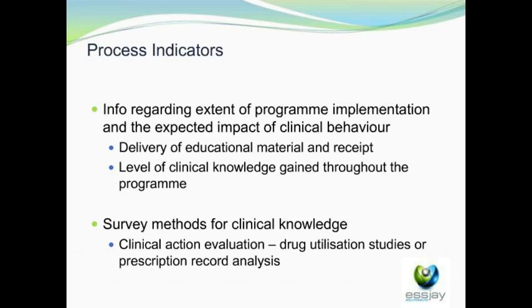Other ways of looking at the evaluation, you can have different types of indicators. We've got process indicators and outcome indicators. Process indicators look at impact on clinical behaviour. Has the behaviour that you were hoping to change happened? This may be increasing clinical knowledge in healthcare professionals or changing the way that they prescribe the product.